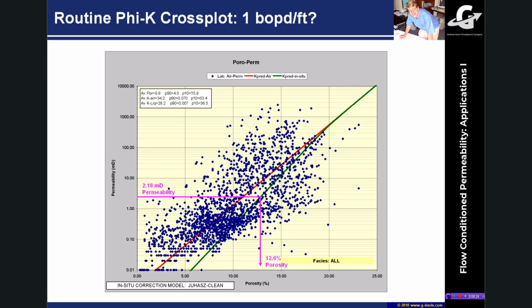As I say, I hope that kind of discussion at least gets you thinking along those sort of lines, rather than just saying, well, I'm using a 1 millidarcy cutoff. There's a little bit more to it than that.